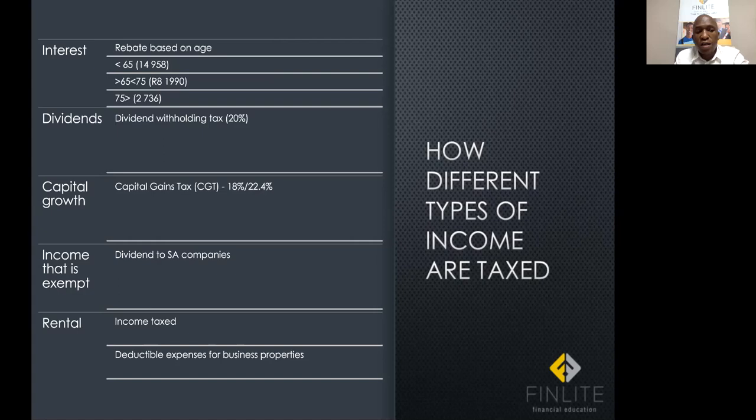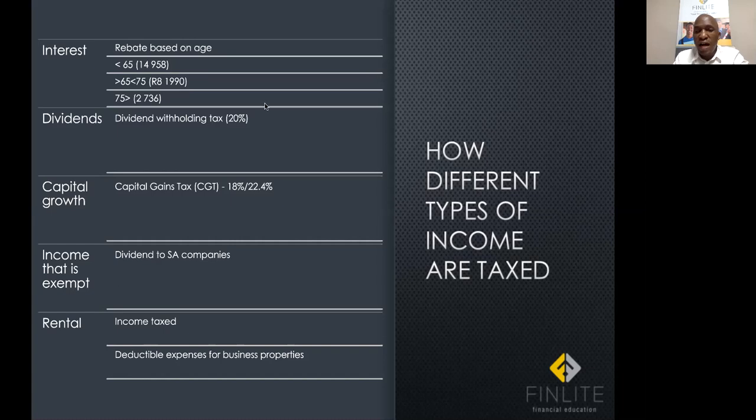incomes are taxed. Interest, we spoke about rebates, and this is just giving the figures: under 65, 14,958; over 65, 8,190; and over 75, 2,736. In terms of dividend withholding tax, it's 20% that you are taxed on. These interest rebates should not be confused with the normal rebates per age.